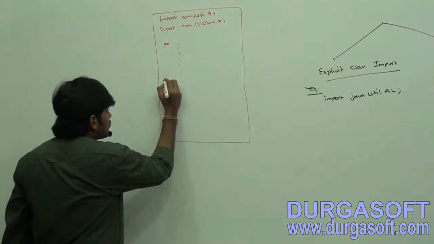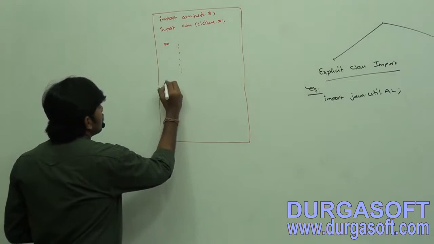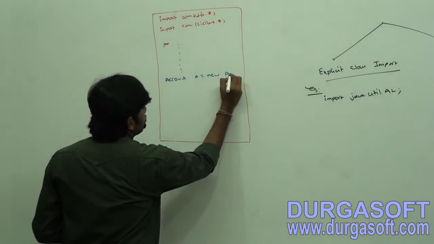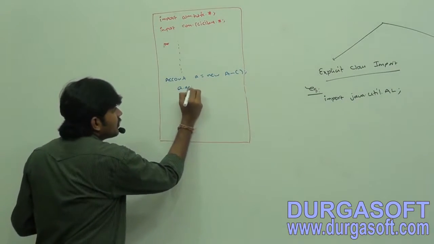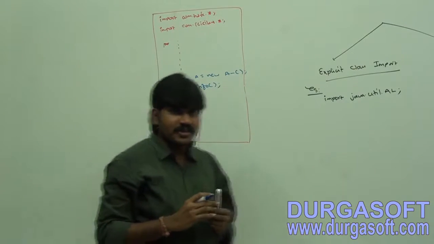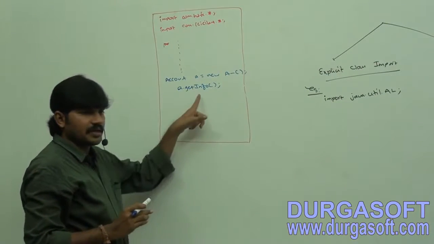Now somewhere I'm using Account a = new Account(); a.getInfo(), the getInfo method is there. Account a = new Account(), a.getInfo(), right?